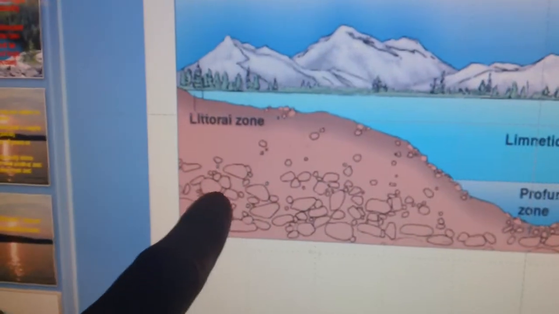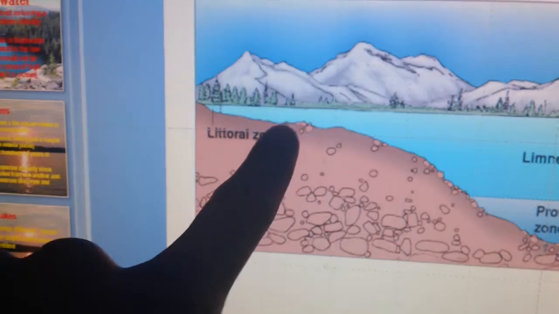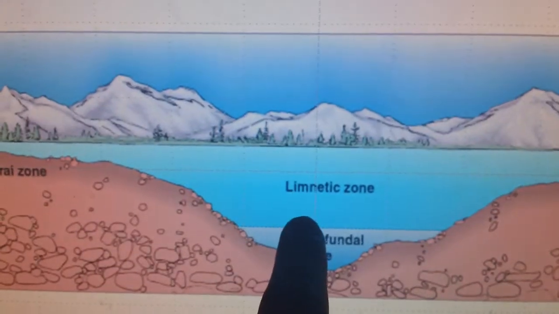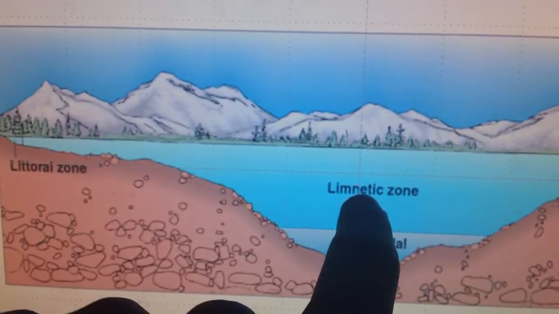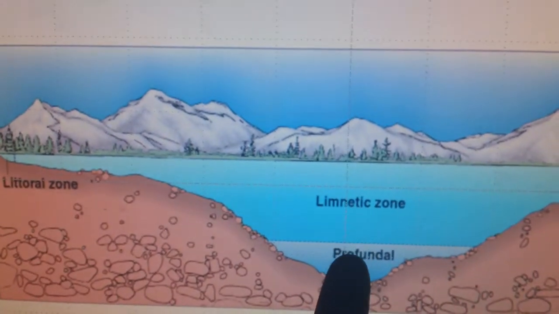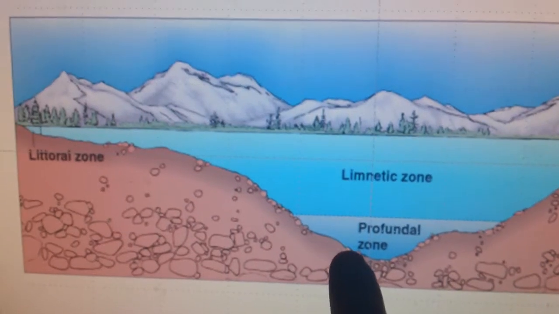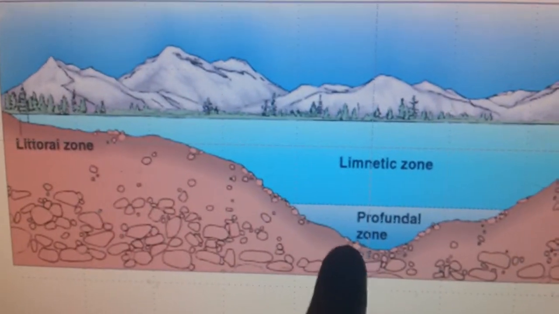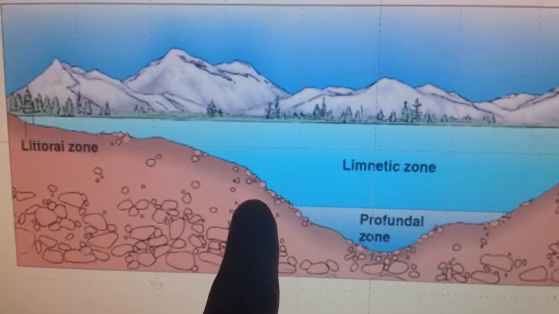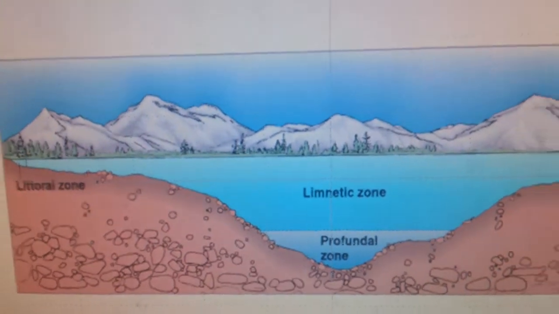The littoral zone is usually towards the shoreline, and the limnetic zone is not the deepest, but is usually open water. And the profundal zone is not the deepest yet, but it still is near the bottom.